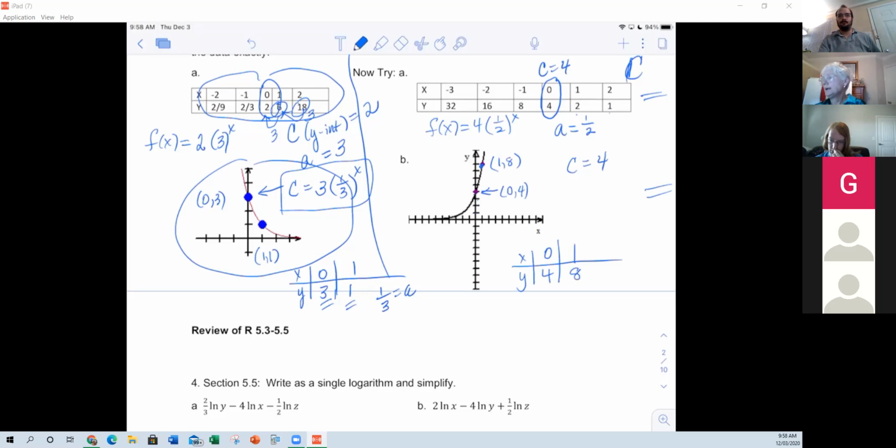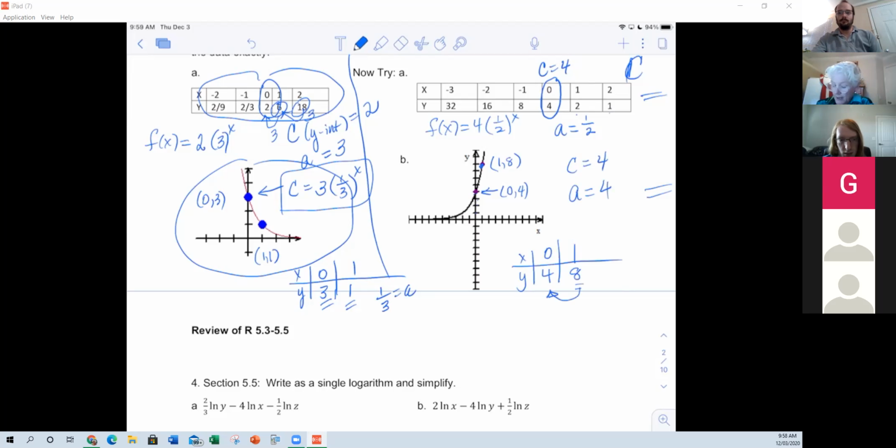And to determine what the A is, you're going to take any y value and divide by the previous y value. So what would your A be? So we wouldn't just plug it into the f of x equals 4 times 1/2 to the x.